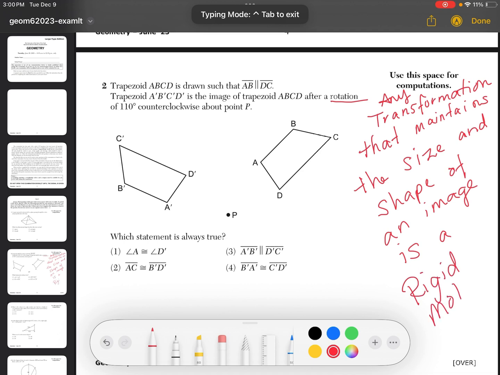This only is important because you see these types of questions. And when you understand what a rigid motion is, you understand a little deeper what this means.